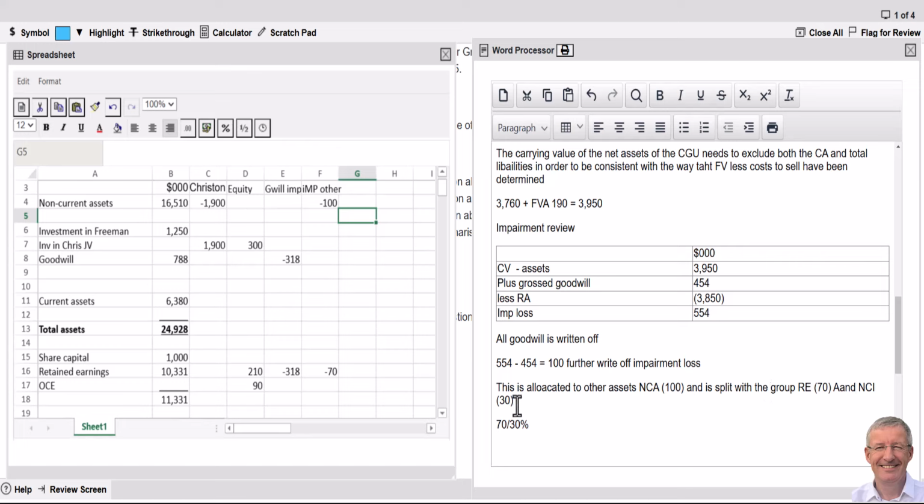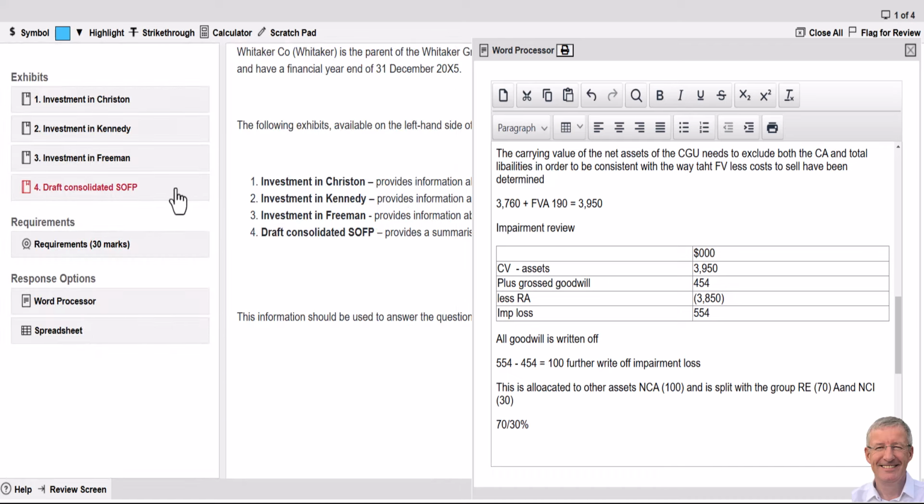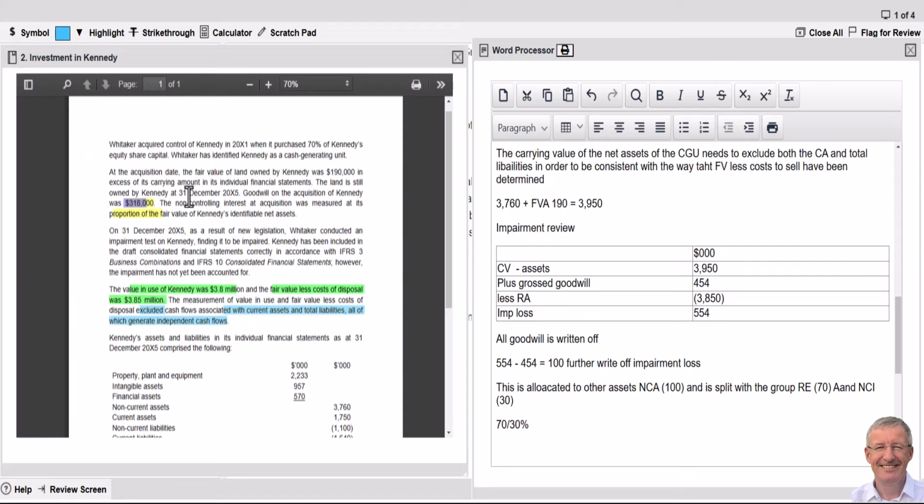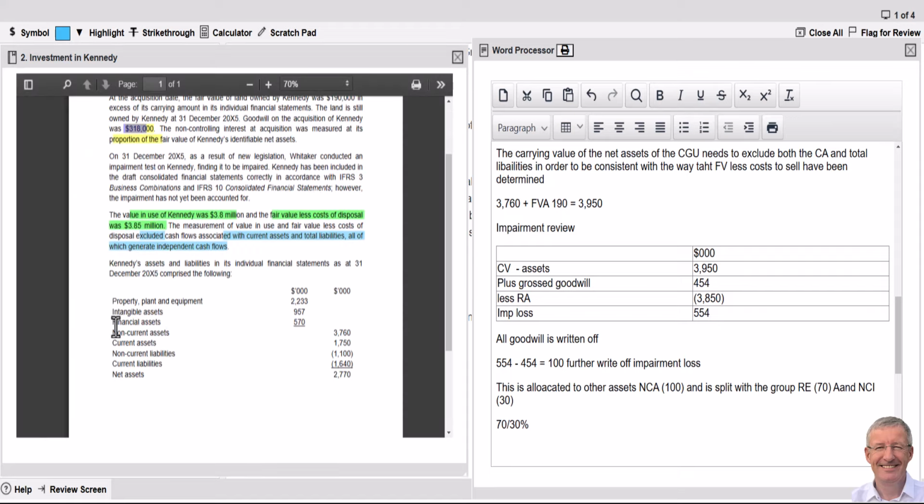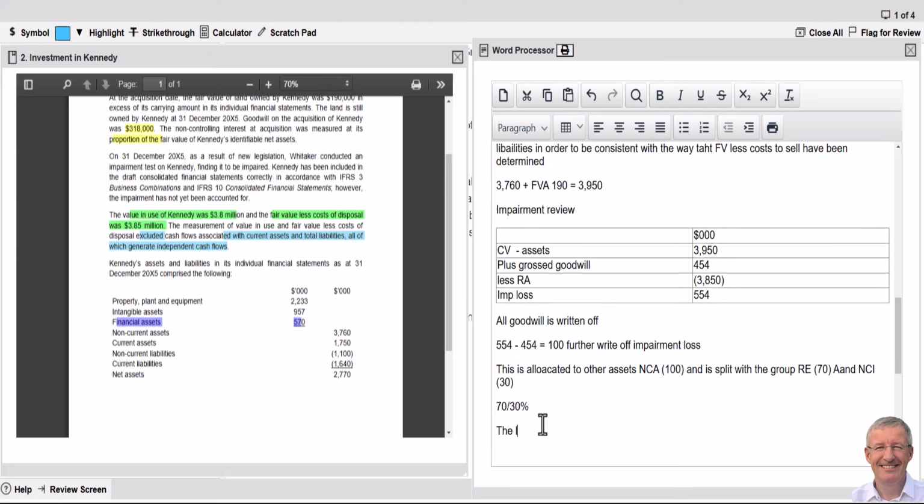And if I'm really strict and I want to get my 10th mark, I could pick up on the fact that one of the assets is a financial asset, and therefore, strictly speaking, the loss would not be allocated to the financial asset, but actually would be split between the PPE and the intangibles on a pro rata basis.